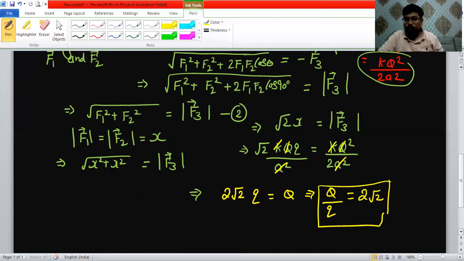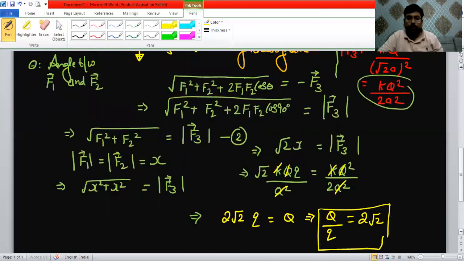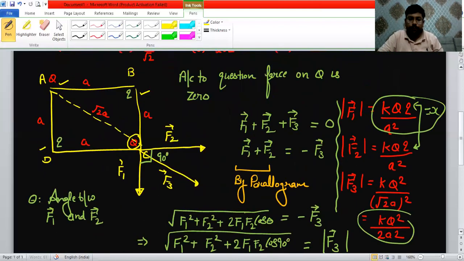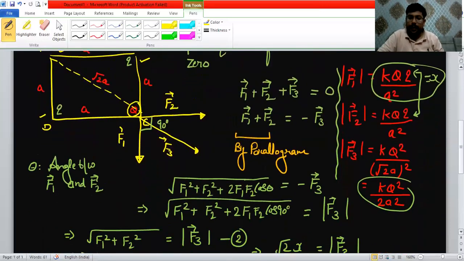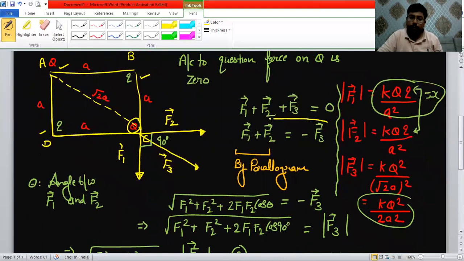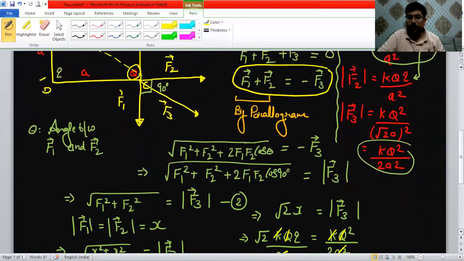So we find that for this question option C is correct, which is given as minus 2 root 2. The minus sign is there because actually F1 vector plus F2 vector was equal to negative of the F3 vector. But because we are equating only the magnitudes, we have considered F3 as positive while solving. So option C is correct.